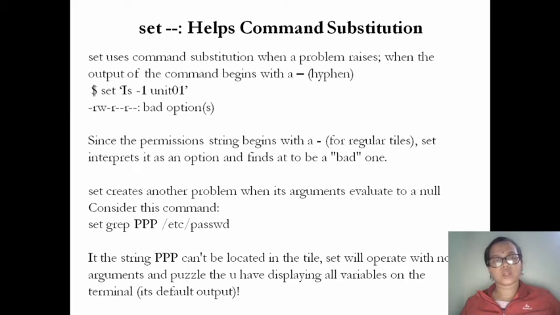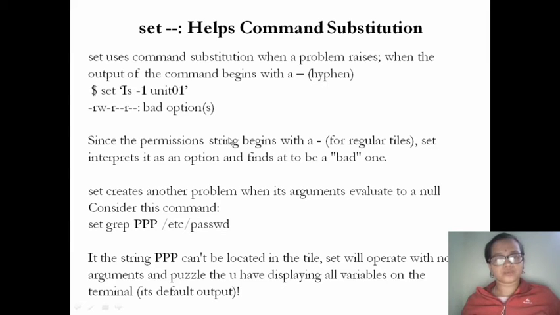So whenever you say set ls -l, it will show it is a bad option. Why? Because the permission string begins with a hyphen, which denotes a regular file, isn't it? So set interprets it as an option and finds it to be a bad one.